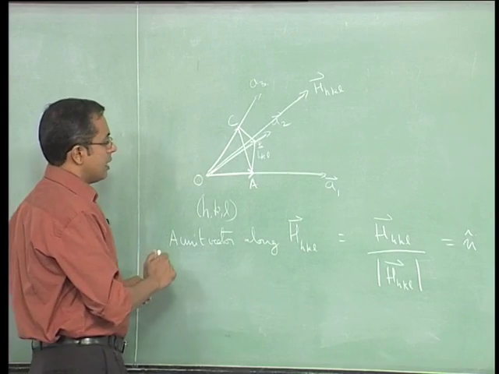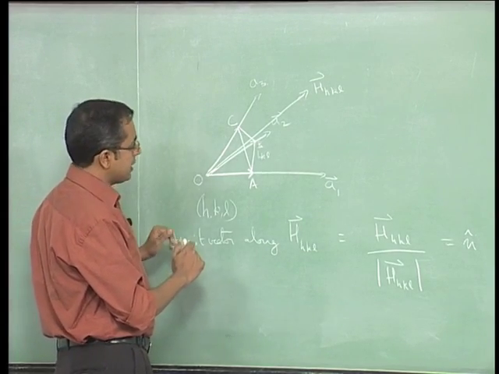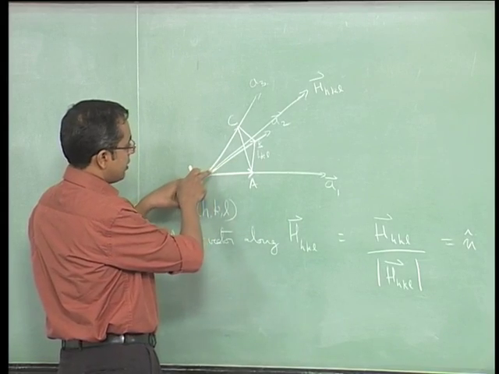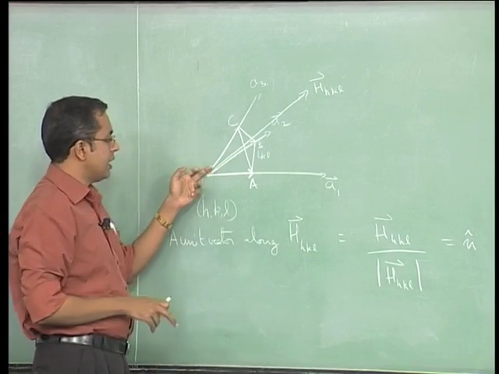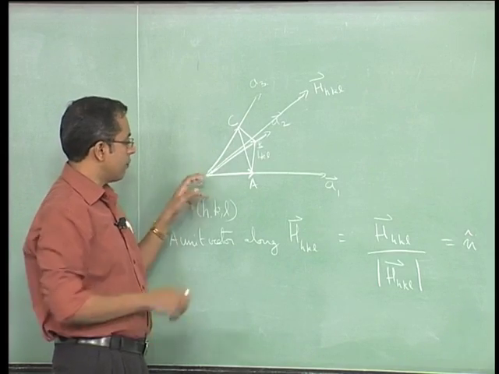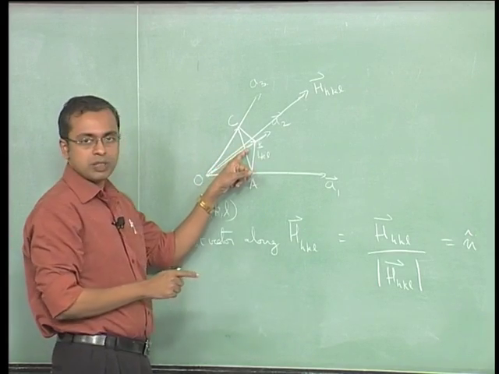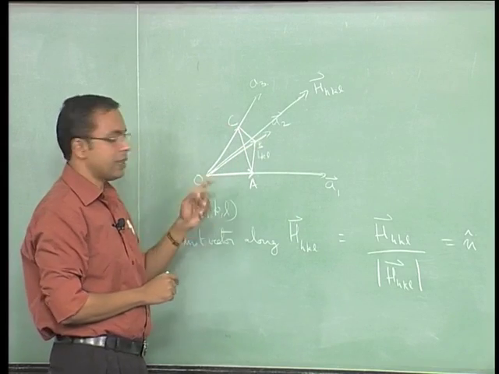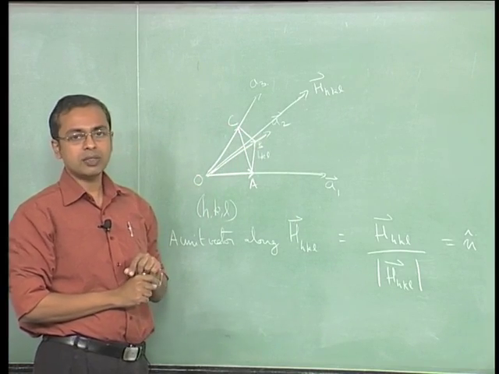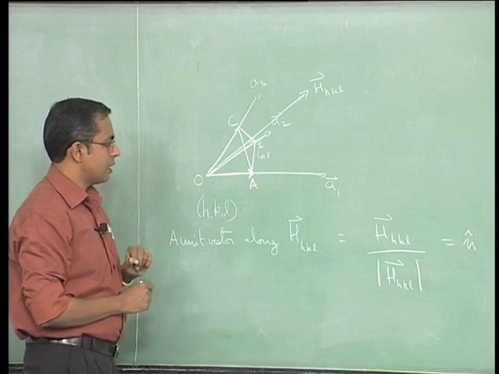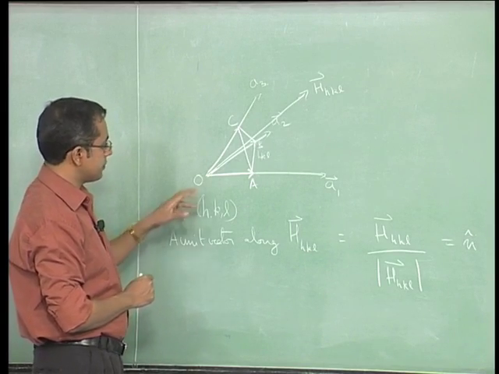So now we have basically seen that the line drawn from the origin which goes closest to this plane will go perpendicular to that plane. That is how you will get the location.